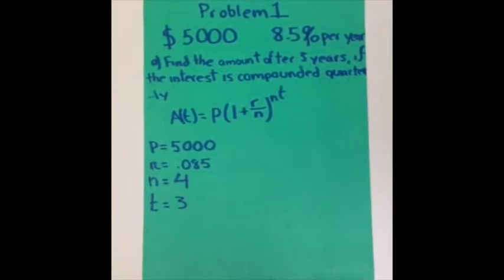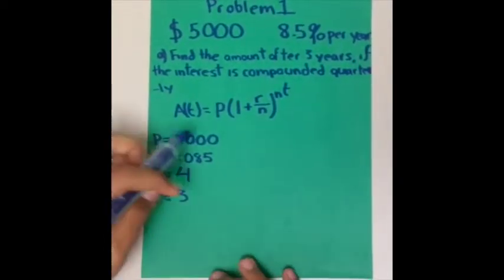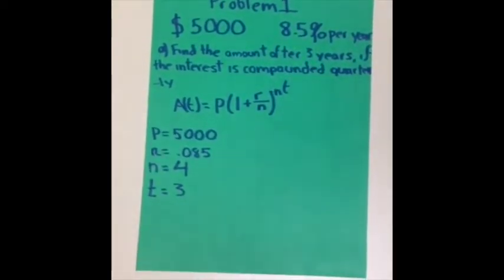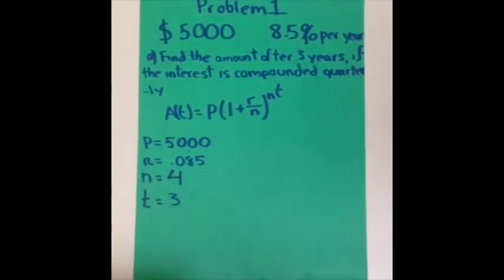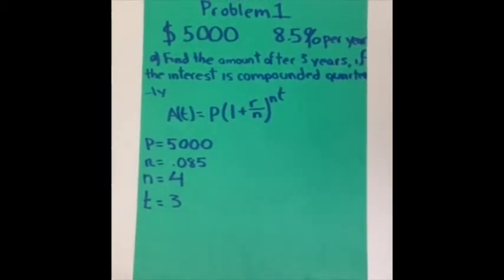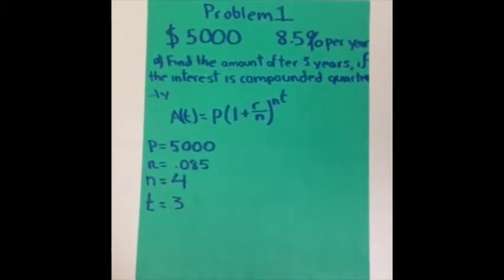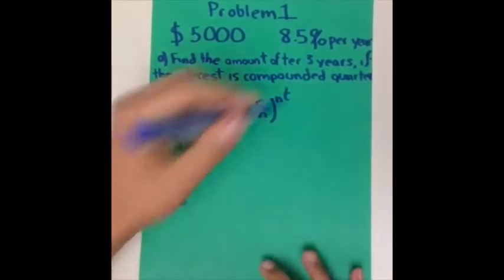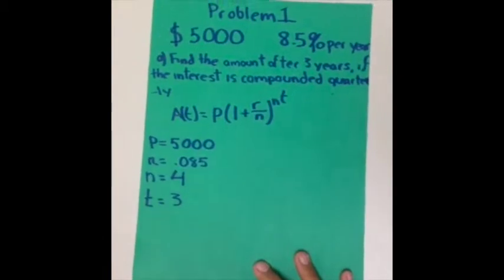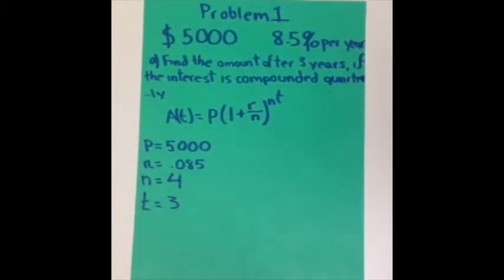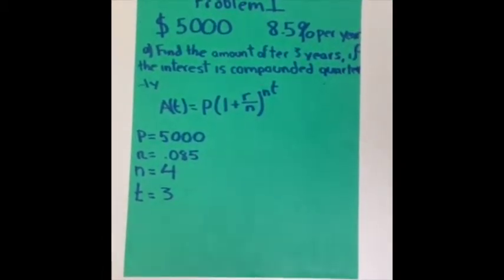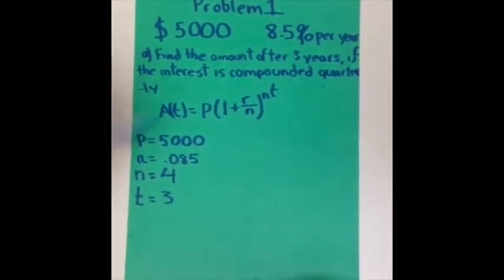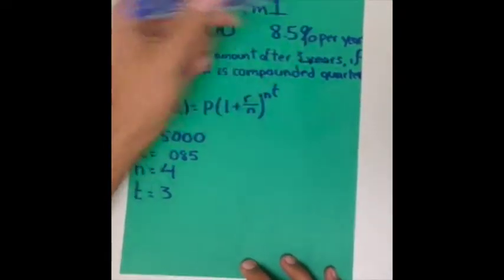Now we have our values: P is 5,000, the amount that you invest; R is the rate, the percent of the year that you have to pay; N is the times that you have to pay in the year, in this case quarterly; and T is the time, it's 1 year, but in this case it is 3 years.